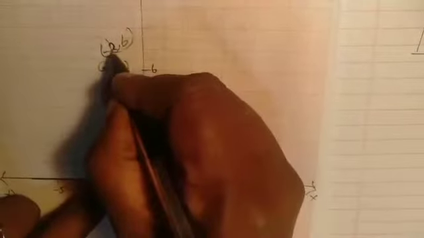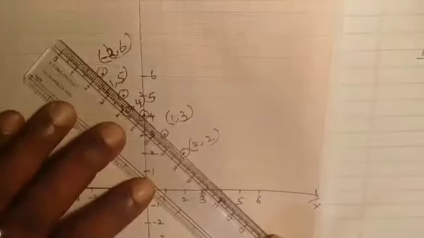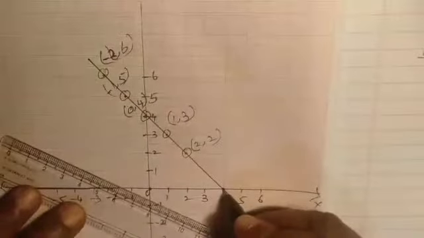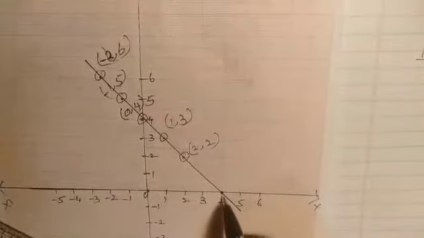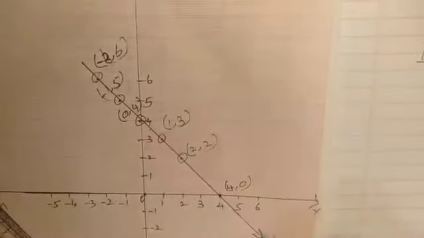So we get a straight line here. On the x axis we have (4, 0). This is the straight line, and we get x plus y equal to 4.